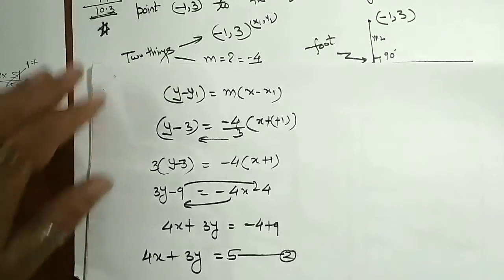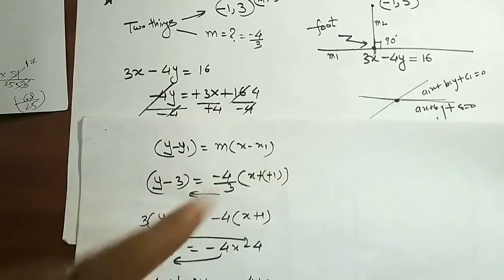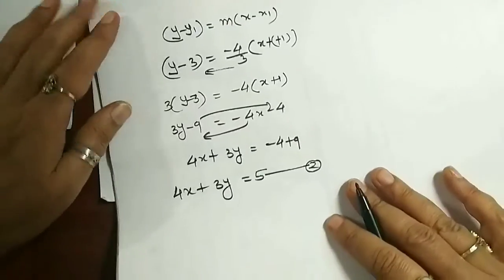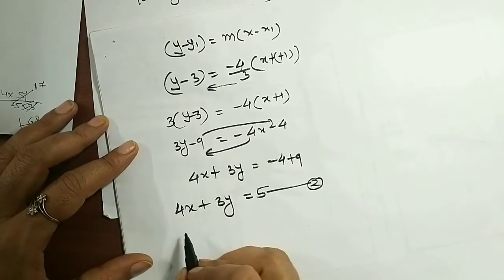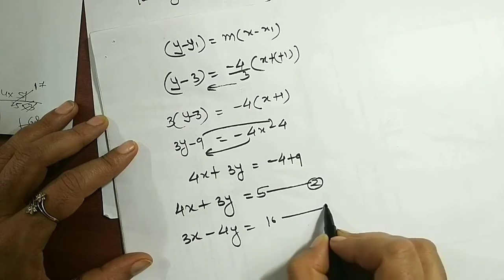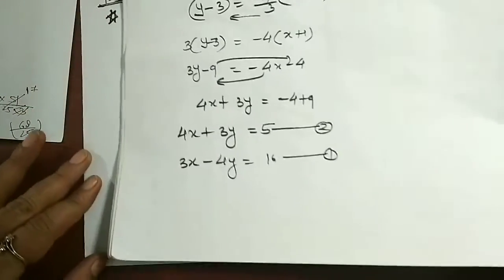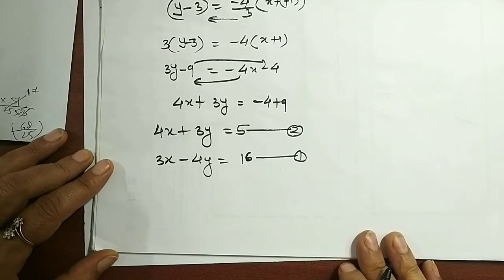And this was my equation 1, which is given already, and this I found as the perpendicular equation. So what I am supposed to do is solve them. Okay, so the first equation given was 3x minus 4y is 16. This was my first equation, guys, right? So I will solve these two to get the point of intersection.